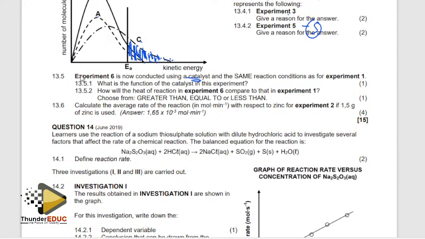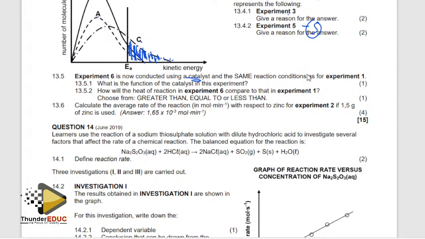What is the function of a catalyst? It speeds up the rate of reaction, or it provides an alternative way in which the reaction can take place in a faster way. So basically, it speeds up the rate of what? Reaction.